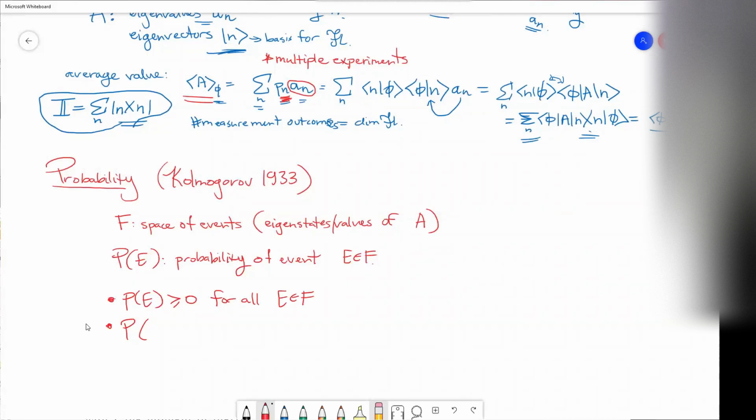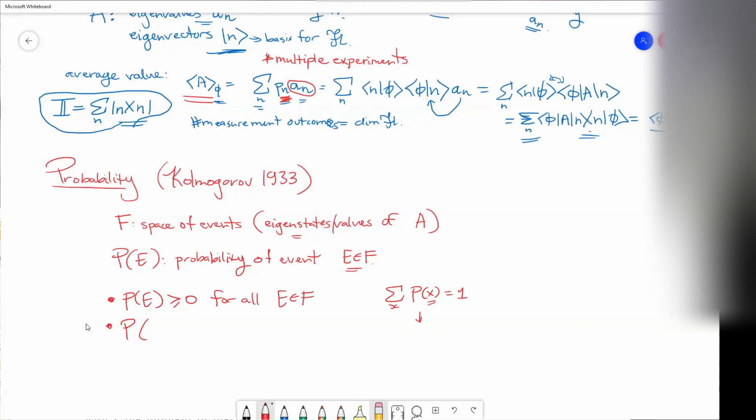If we have, say, a continuous part of the spectrum, say we're measuring something like position, P(x), then in principle, if we sum over all the different possibilities for observing a particular position x, this has to be equal to 1.